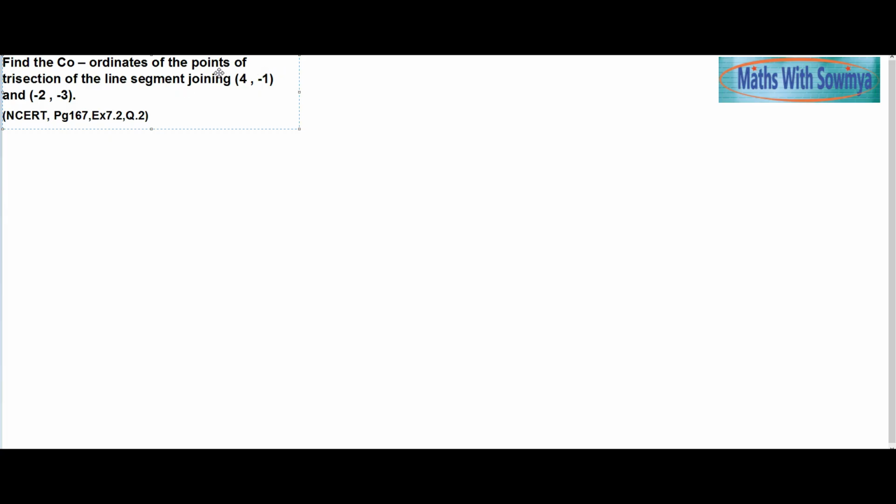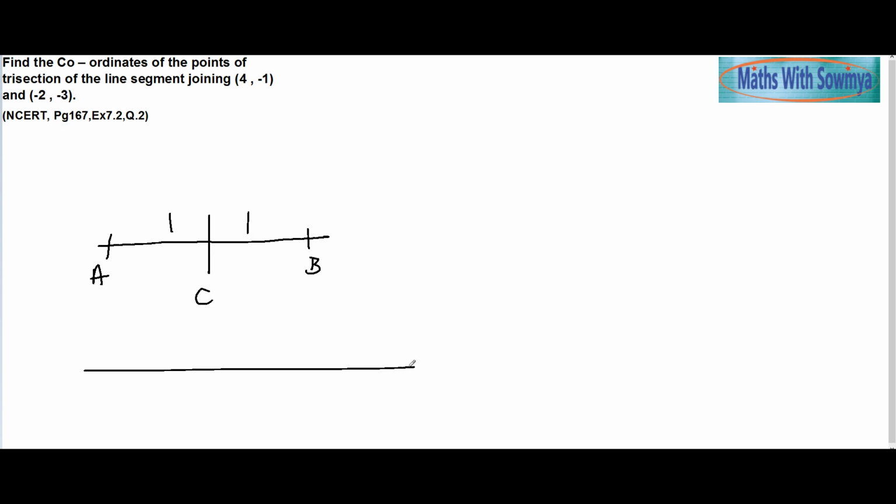Find the coordinates of the points of trisection of the line segment joining the points. Trisection means, suppose bisection, we know, is cutting a line into two equal parts. If you cut the same line into three equal parts, that is called trisection.